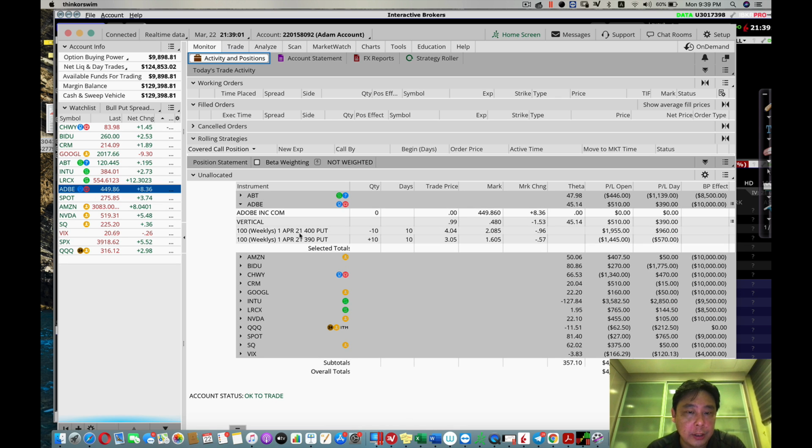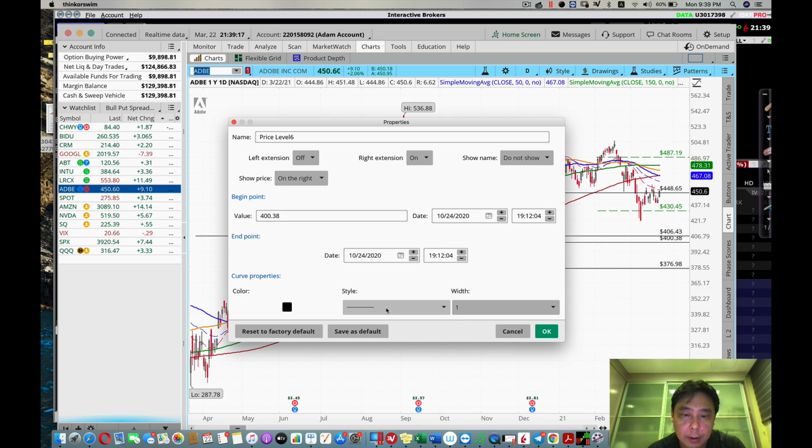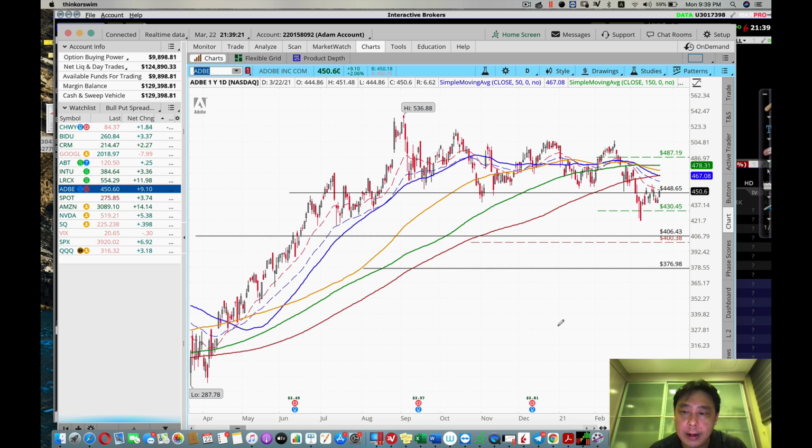So Adobe, it's 400, 390, which means below 400, I lose money by the 1st of April. So my stop loss would be at 400. Let me draw it in 400. Change it to red. Okay, that's my danger zone. All right, danger zone. Don't get below 400, please.